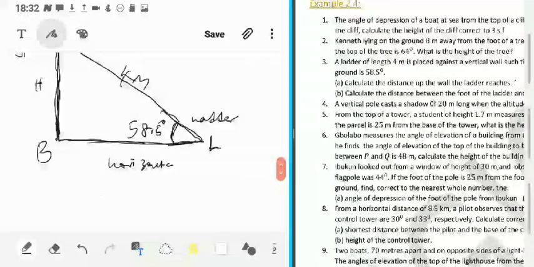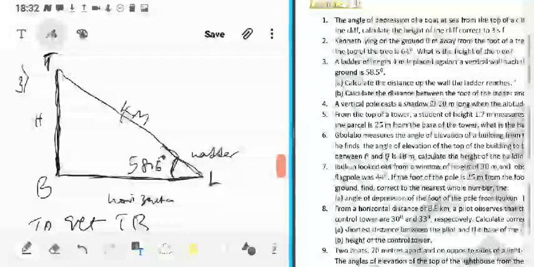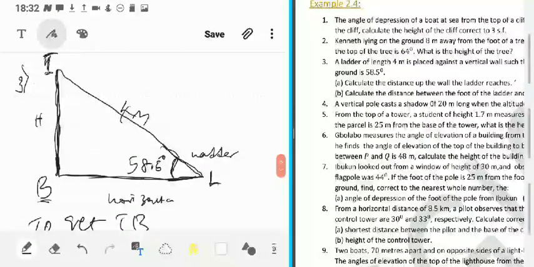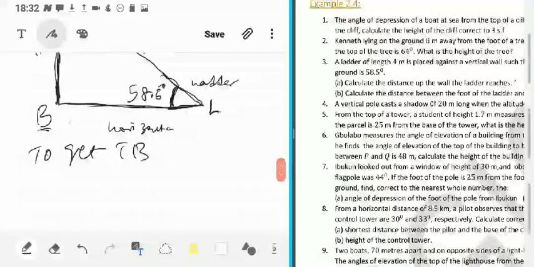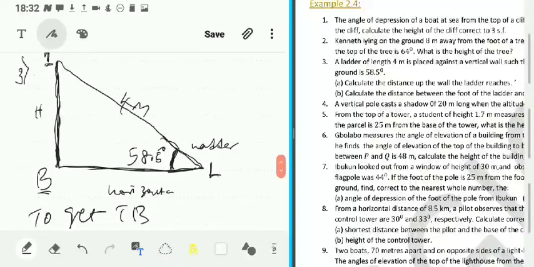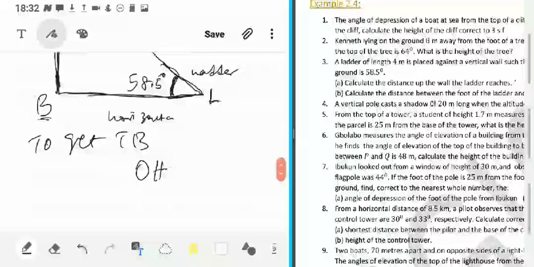To get TB, this is T and this is B, which is the height. How does TB correspond to this angle that is given? It's the opposite side, so you know that O should be in your formula. Which side was given to us? It was the hypotenuse this time. Which of the three ratios corresponds to O and H?